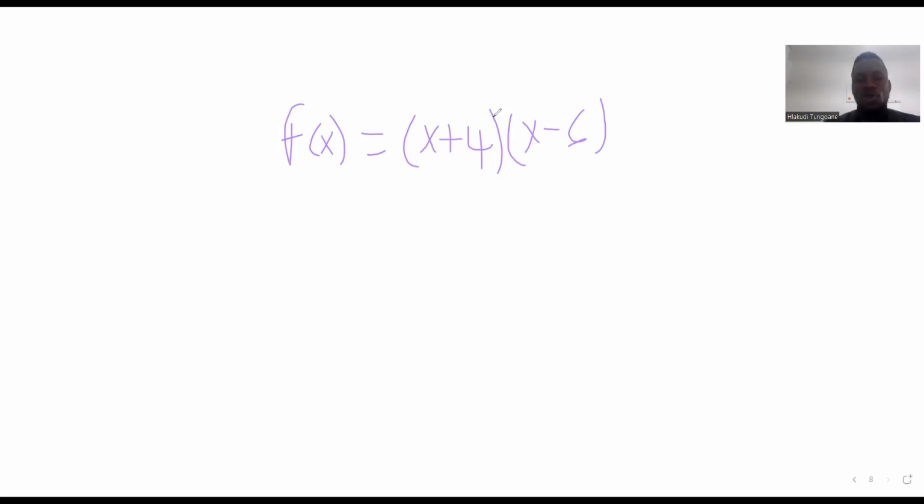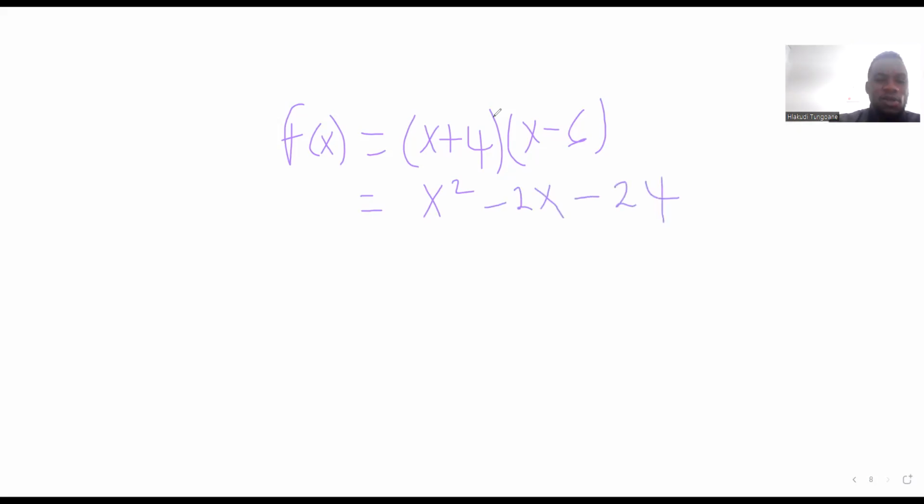So we need to write this in standard form so that we can differentiate it. This is going to be x squared minus 6x plus 4x, that gives us minus 2x, and then minus 24, right?